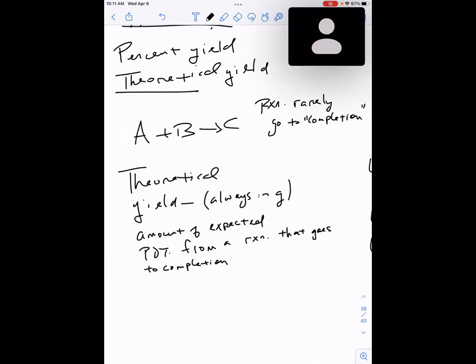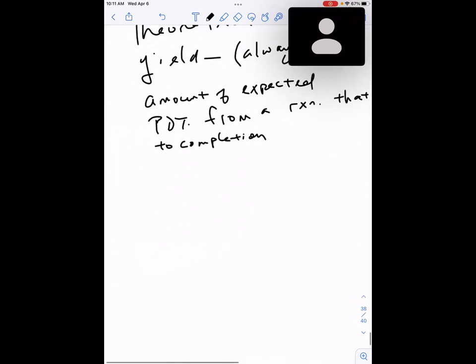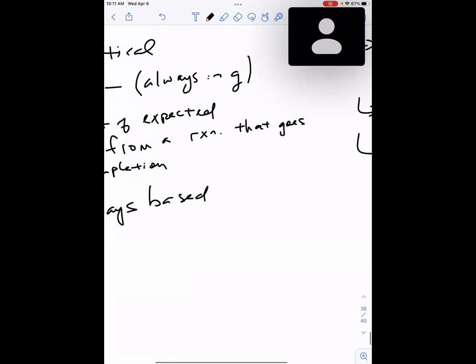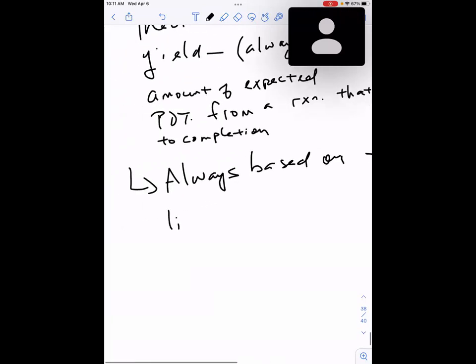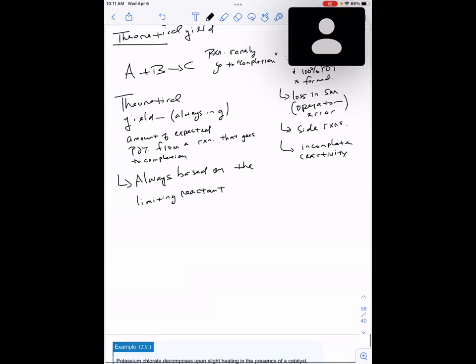If you take A and B and you react them together and they all get consumed and do what they're supposed to do, then there's an amount that you can theorize and say, this is how much I should get. That amount, the theoretical yield, is always based on the limiting reactant.